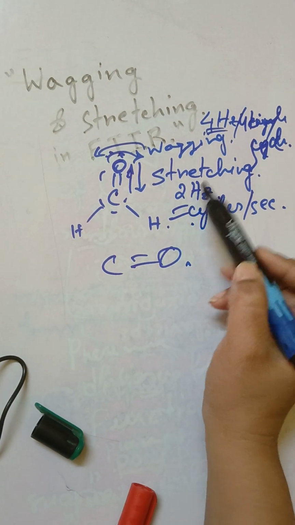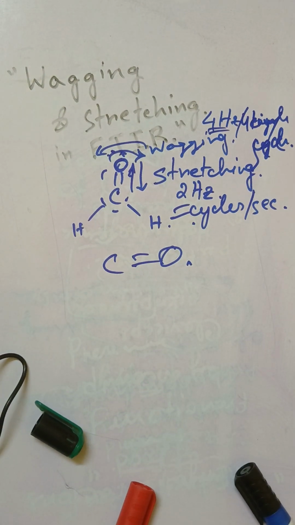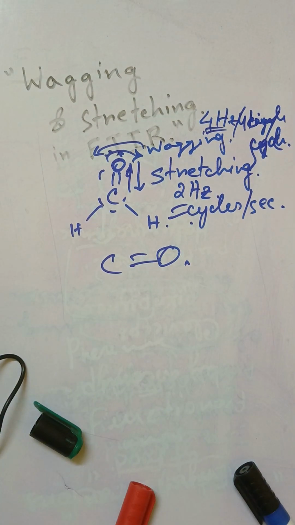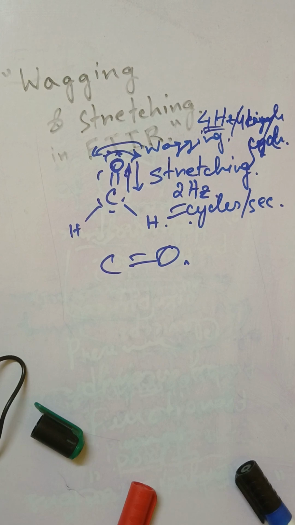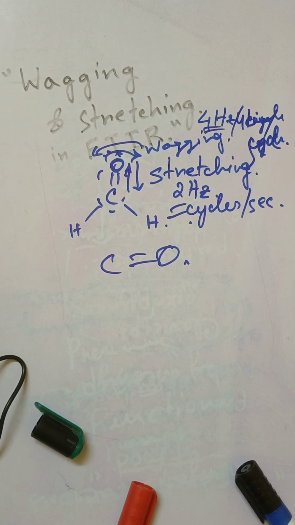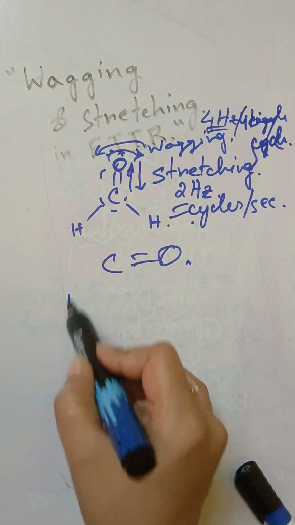It's not like it's 2.5 hertz or 5 hertz or 6 hertz. These frequencies are always constant for a particular functional group present in your unknown or known compound. Okay, so with the help of this you can basically plot a graph.